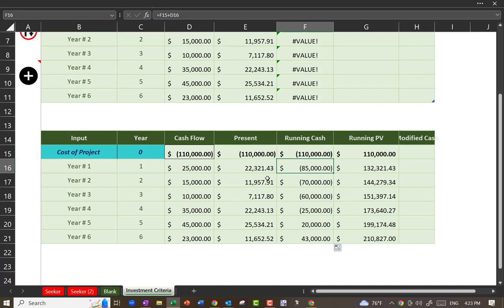Let me see. Okay, I got enough time to do this. I'm going to do two neat things. One, I'm going to let Excel automatically tag the cell in which running cash flow is positive for the first year. So when I change stuff, I can automatically see it.